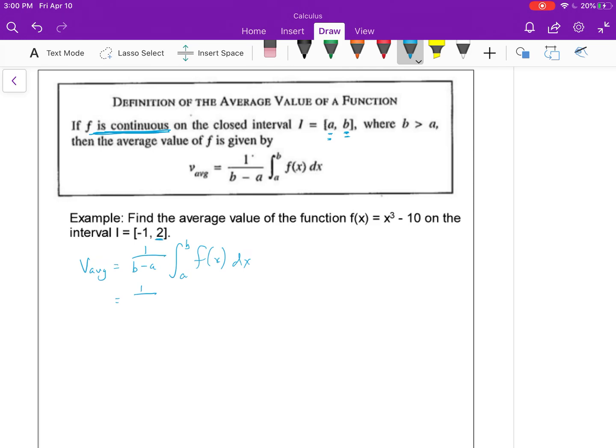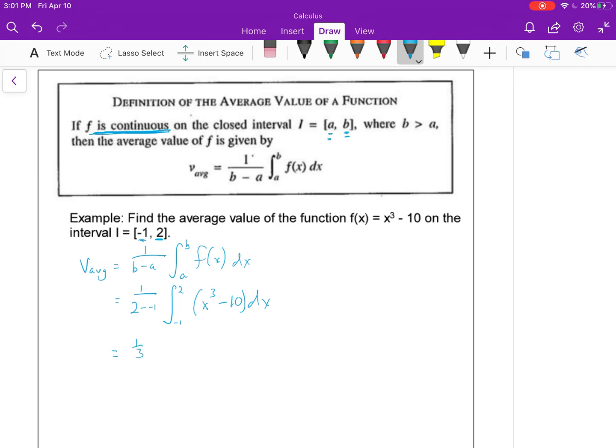So 1 over 2 minus -1, times the integral from -1 to 2 of x cubed minus 10 dx.